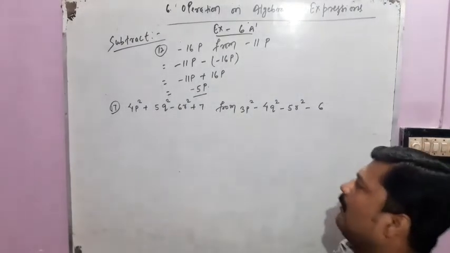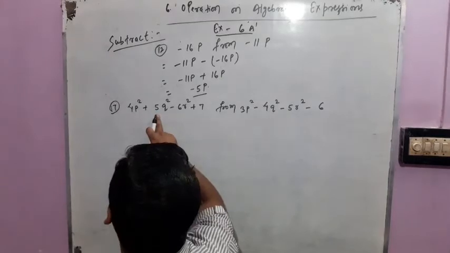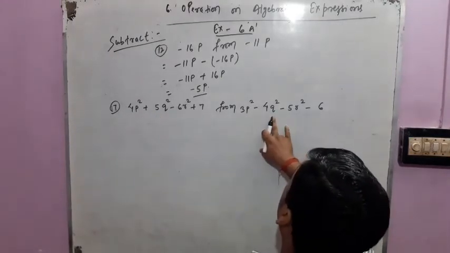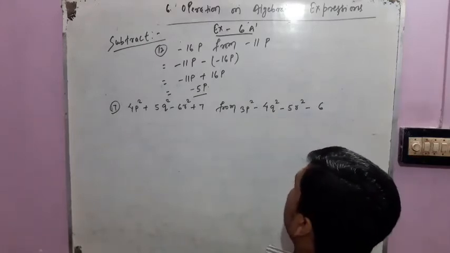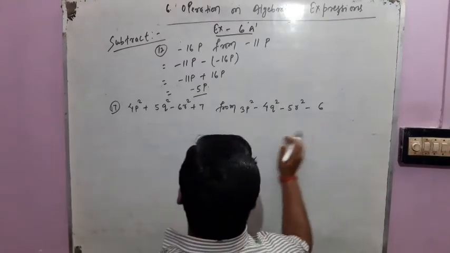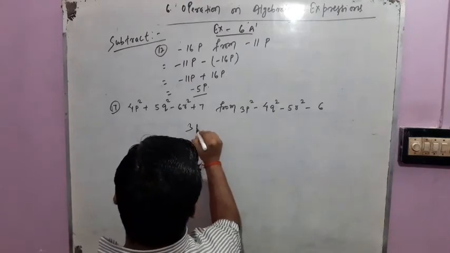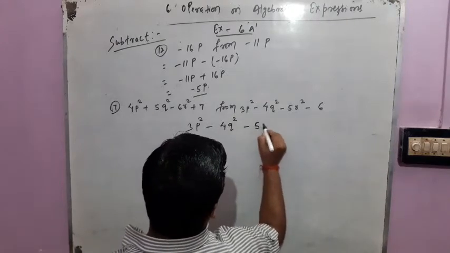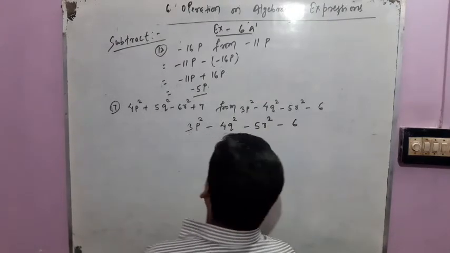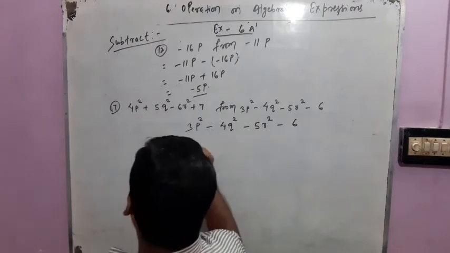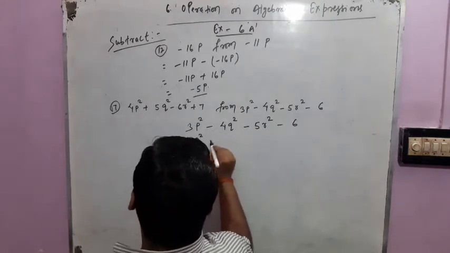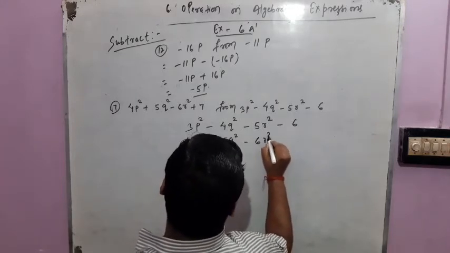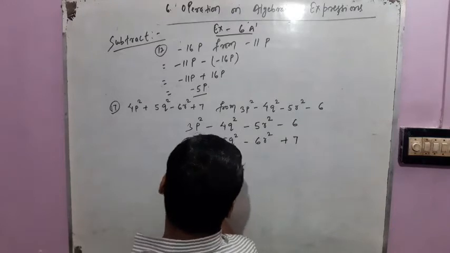So we have to write this expression first: 3p square minus 4q square minus 5r square minus 6. Then we write the other expression: 4p square plus 5q square minus 6r square, then plus 7.